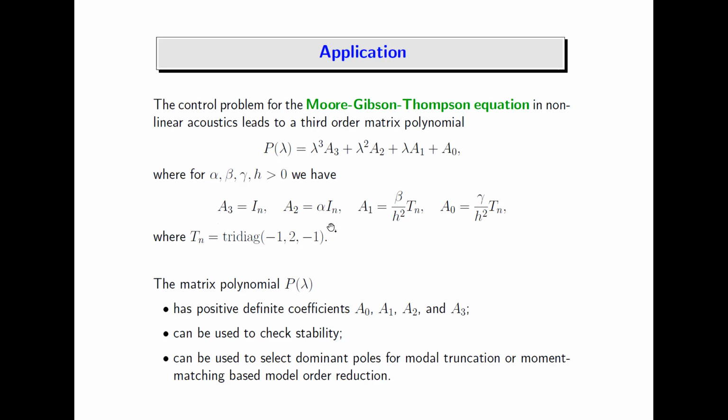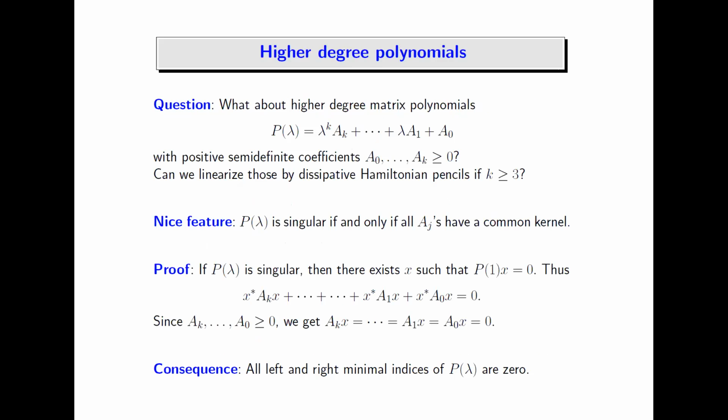One has to investigate this matrix polynomial, for example, to check if it is stable, whether all the eigenvalues are in the left half plane. This can then be used to select dominant poles for model truncation and model order reduction. So it would be nice if we could find a dissipative Hamiltonian linearization. So this was our question.